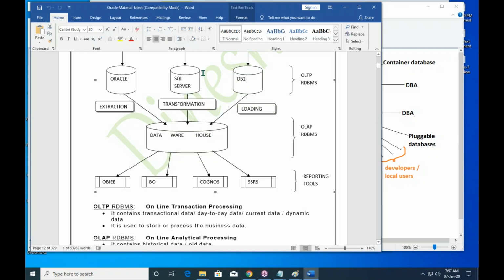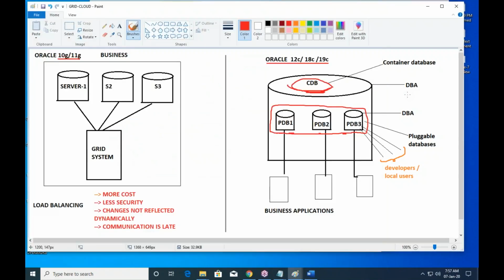But here, everything you are doing with one big database, which is supporting OLTP and also OLAP activities. So for all your data warehouse needs, for all your daily database needs, you are using only one database. That is the benefit of Oracle 12c onwards.